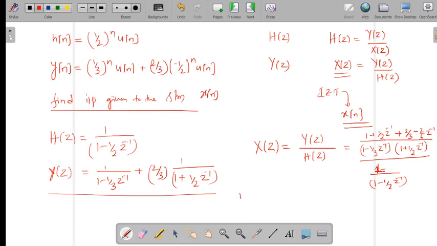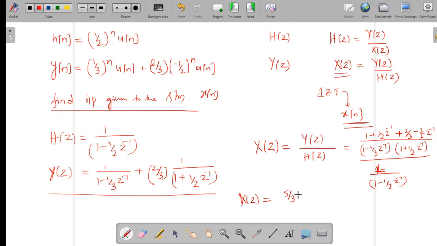Now this x of z we can simplify: 1 plus 2 by 3 gives 5 by 3.